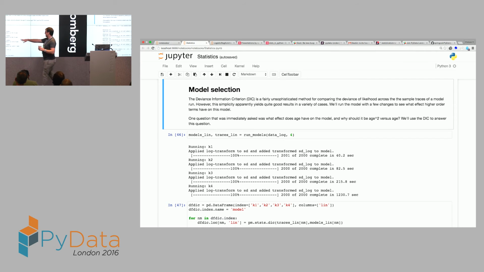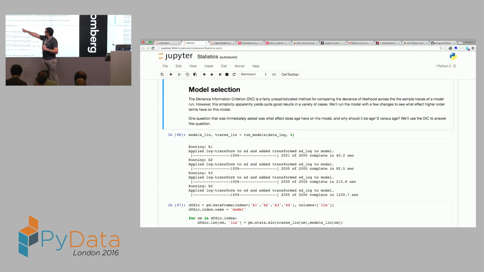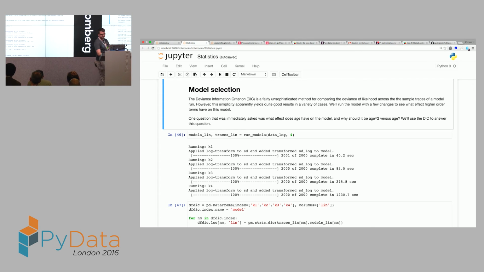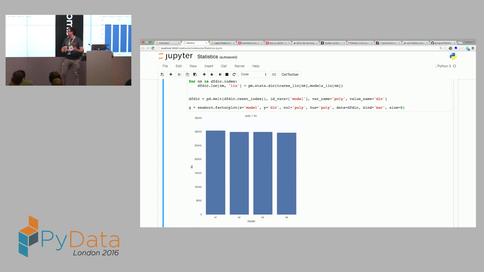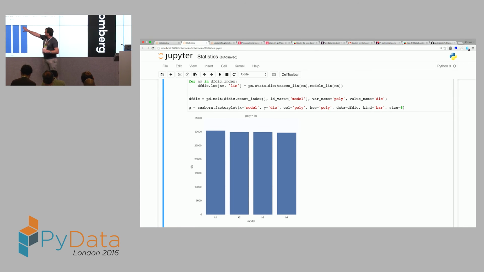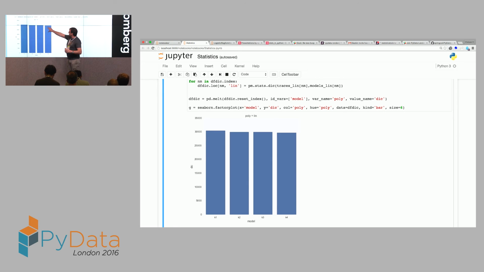So here, this little model that I've run has K1 all the way up to 4. What I've done is I've multiplied age by this exponent. The first one's age, second one's age squared, third one's age cubed, and then age to the 4th. And then whenever you run it, you see that you don't get a lot more information by going up. They're all roughly the same.